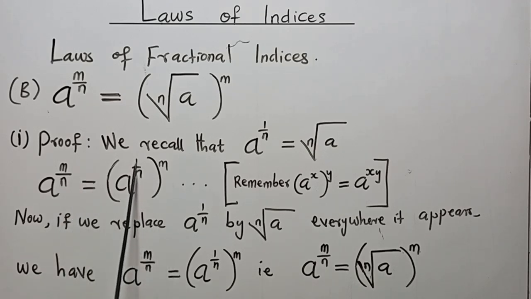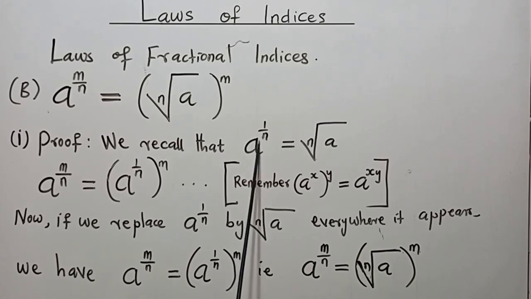Now, a to the power 1 over n, all to the power m, which means that the same a to the power m over n, which is here, is equal to, now, time has come for us to replace this a to the power 1 over n by what it stands for. Is this not this? Yes, it is. Is this not equal to this? It is. What it means is that this can replace this.